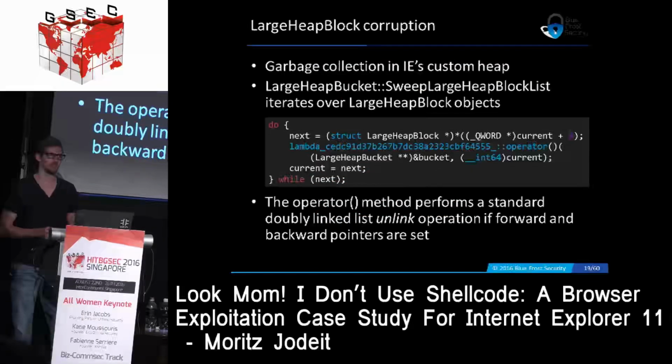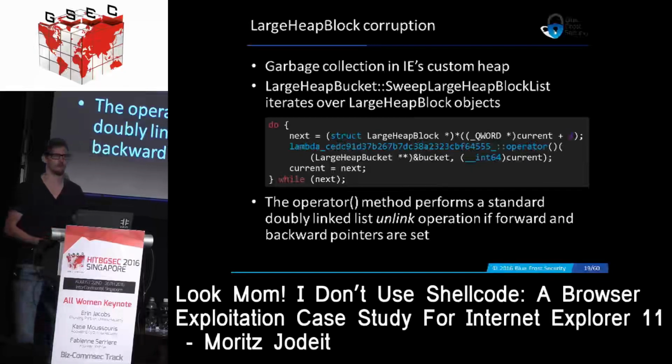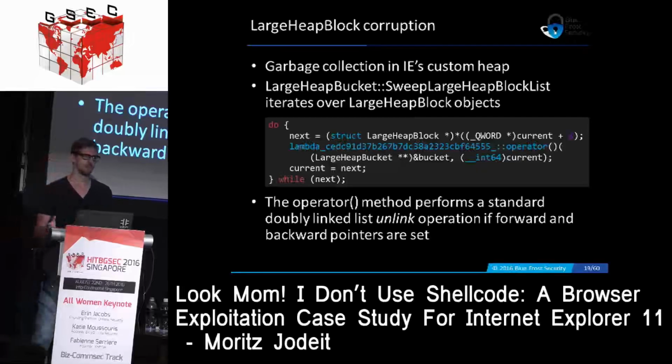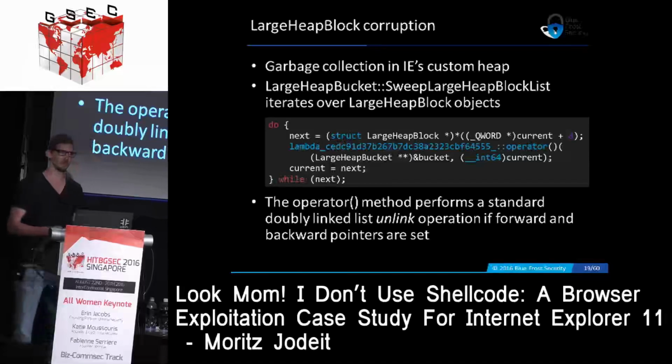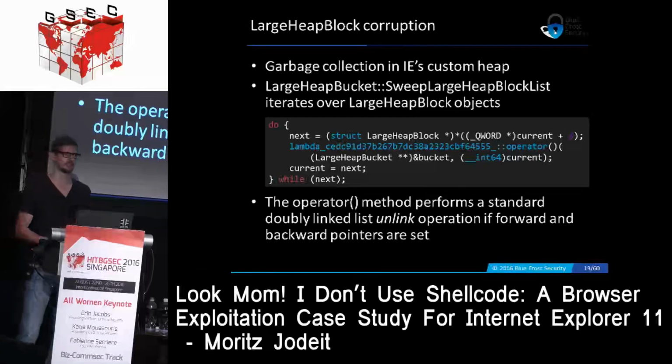So how do we actually use this for corruption? I said there is this forward and this backward pointer. It turns out during garbage collection, the code is actually iterating over all the large heap block objects, and it's calling the operator method on all of them. And this operator method performs a doubly linked unlink operation on these two pointers if they are set. Now you would expect, okay, on the latest version of Windows, these unlink operations are probably protected like in every modern heap allocator implementation.